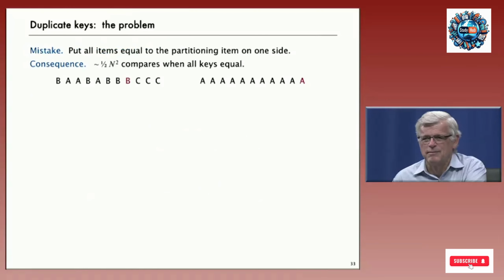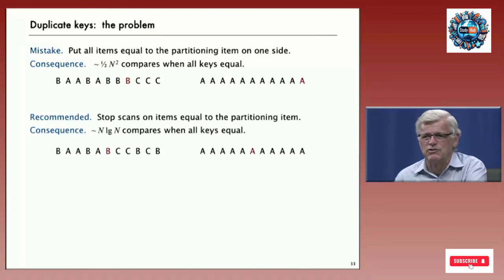So the mistake happens if we put all the items equal to the partitioning item on one side, which is a natural way to implement it. The consequence is, if you have all the keys equal, then partitioning doesn't really do anything. It just peels off one key: from a file of size n, you get a subfile of size n-1, and then n-2, and so forth.